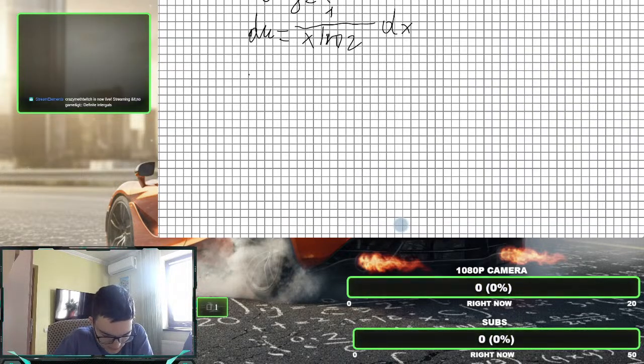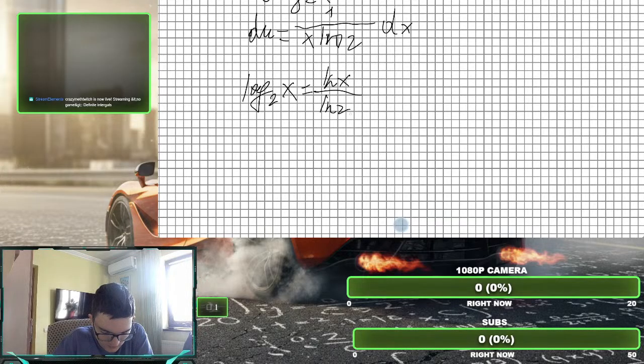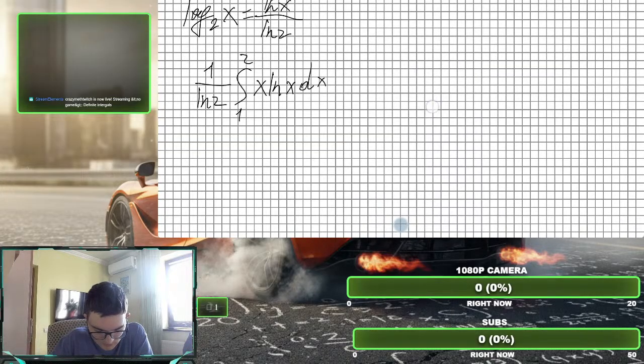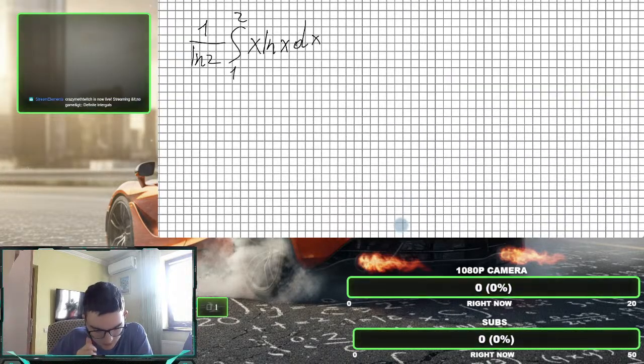ChatGPT told me that log 2x is equal to ln x divided by ln 2, and then I've got 1 over ln 2 at the front, integral from 1 to 2 of x ln x dx.